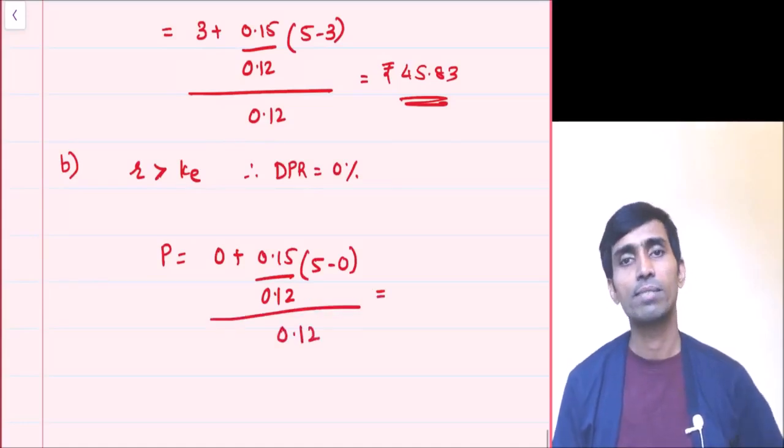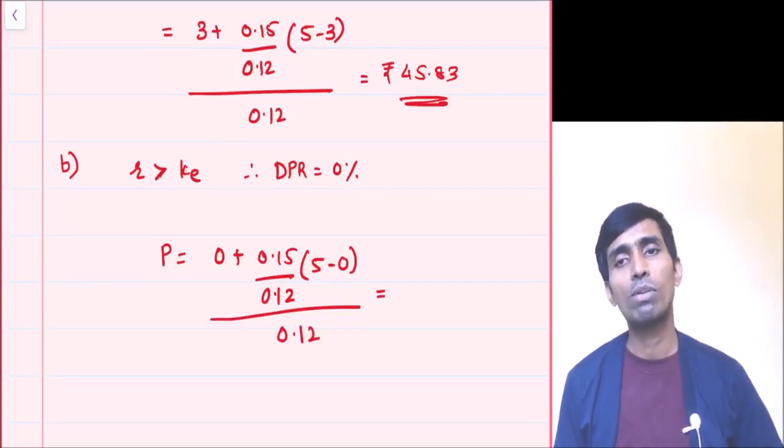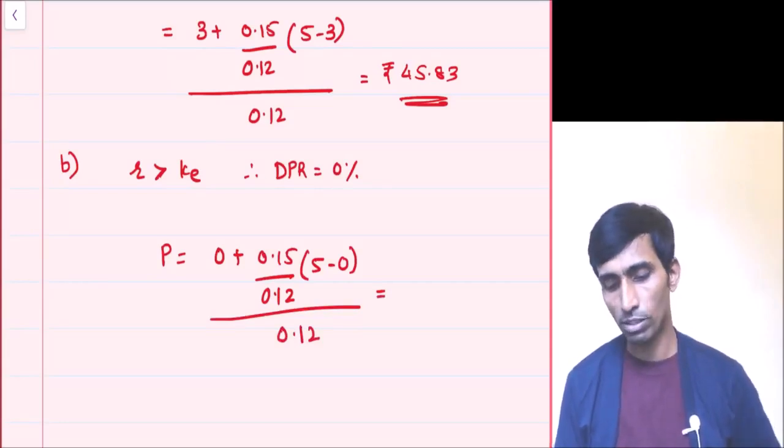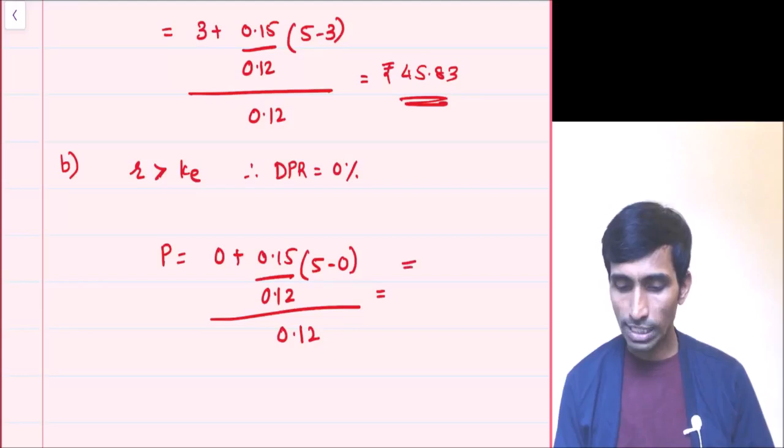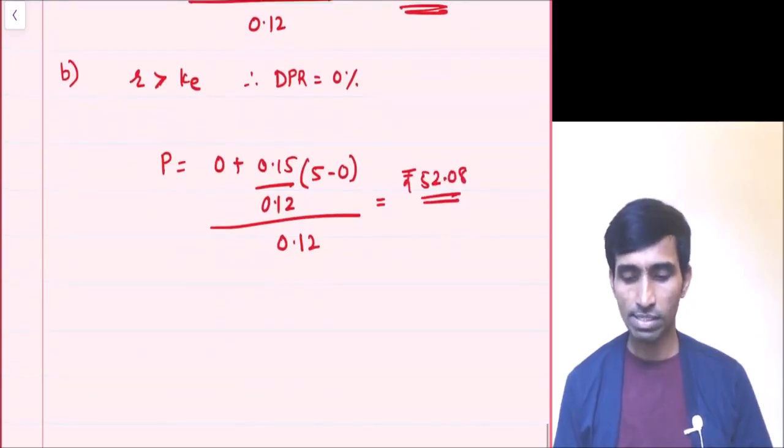So check the answer. 5 into 0.15 divided by 0.12, the whole divided by 0.12. 5 minus 0 is 5, into 0.15 divided by 0.12, again divided by 0.12. So you will get rupees 52.08. Okay, this is the price, second part answer.